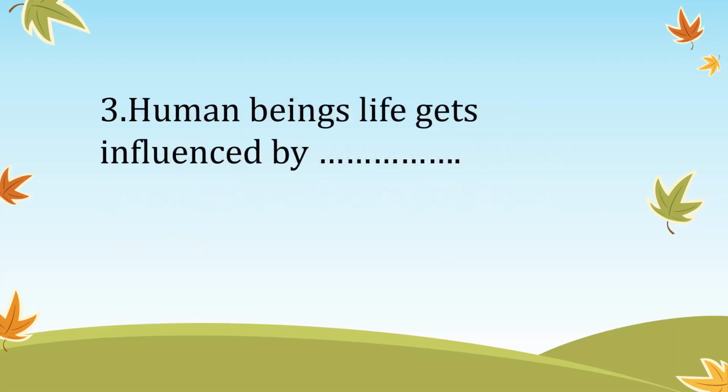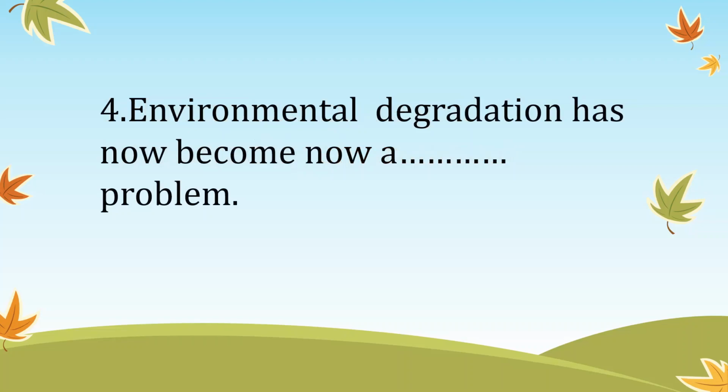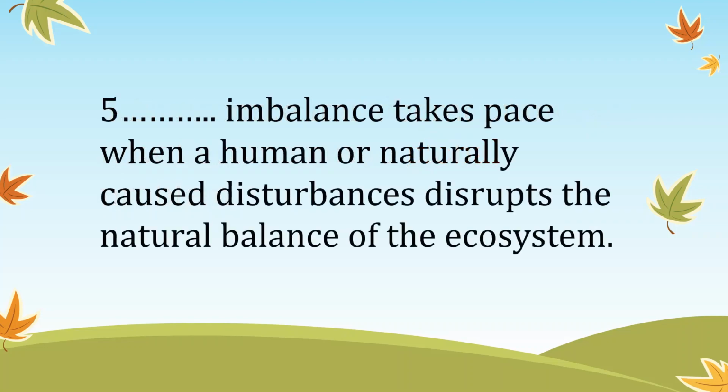Third, human beings' life gets influenced by dash, by environment. Fourth, environmental degradation has now become a dash problem, a global problem. Fifth, dash imbalance takes place when a human or naturally caused disturbance disrupts the natural balance of the ecosystem.